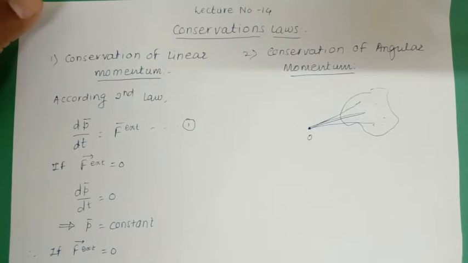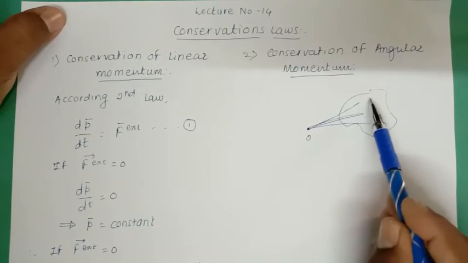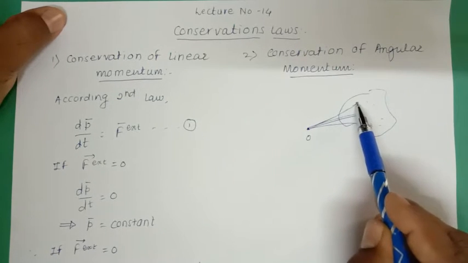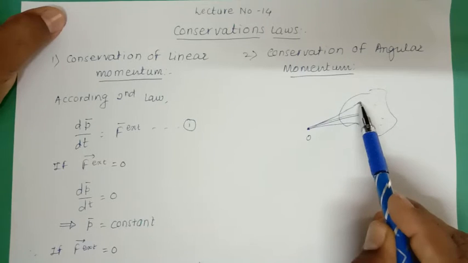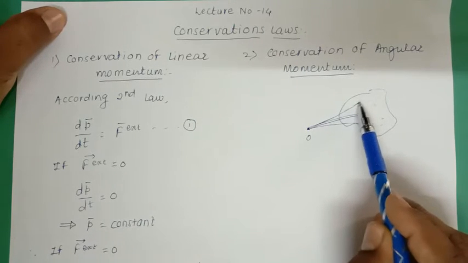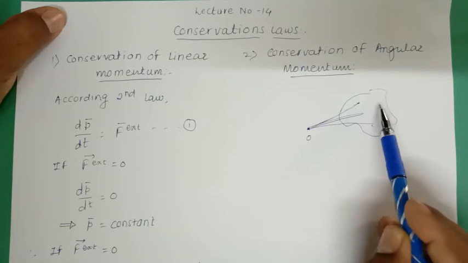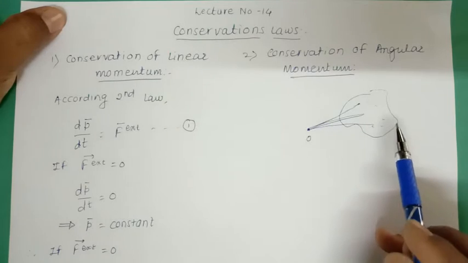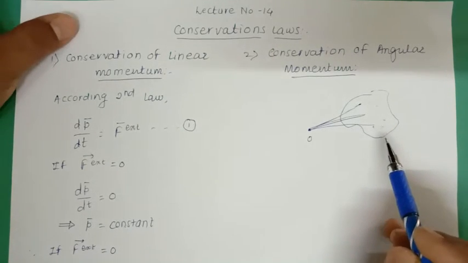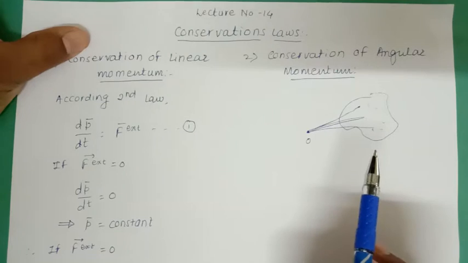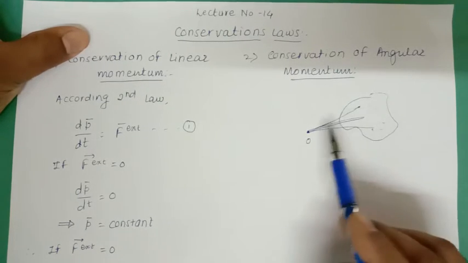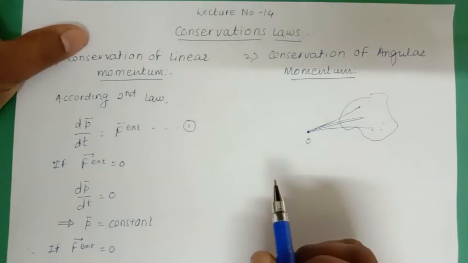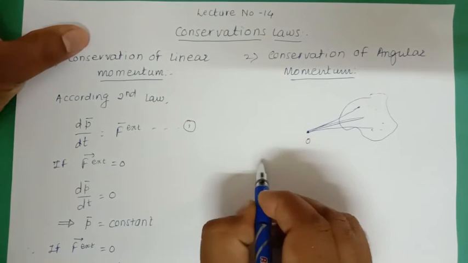So if we consider those n particles, 1, 2, 3, 4 up to n, and we are assigning linear momentum to each and every particle. The linear momentum of the first particle is P1, of the second particle P2, third particle P3, up to Pn, the momentum of the nth particle. Suppose we consider any particle from these 1 to n particles, let's say the ith particle.